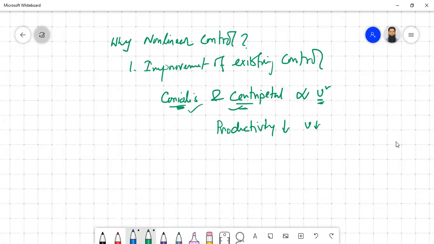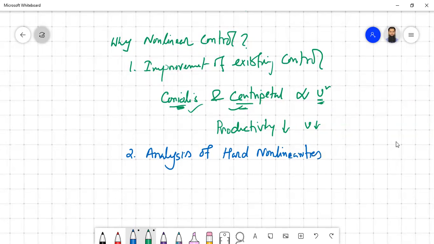Even though we have a very rich linear control system which has been followed for over a century. Now the second point is analysis of hard nonlinearities. Okay, so analysis of the hard nonlinearities.